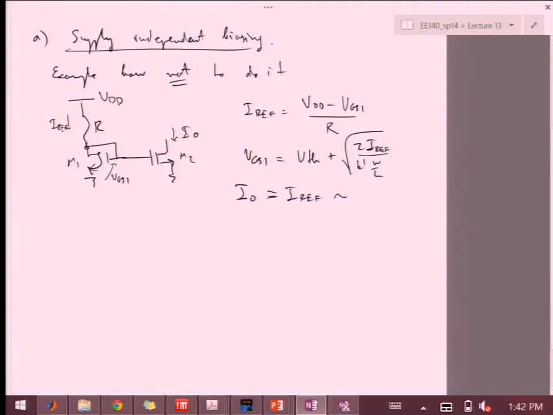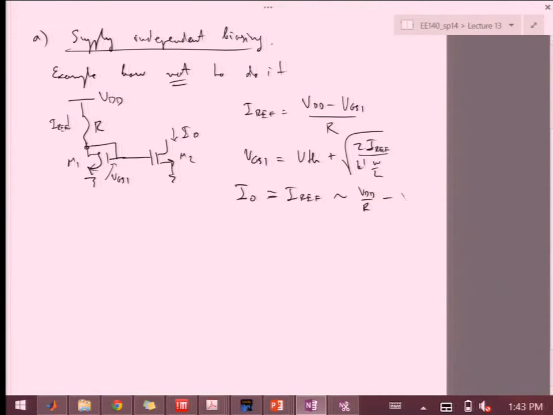Even if we don't solve it, what you should see from here is that there will be a term in VDD. The first term is VDD over R, and the second term is minus VGS over R. And I can replace that with this square root of the IREF.